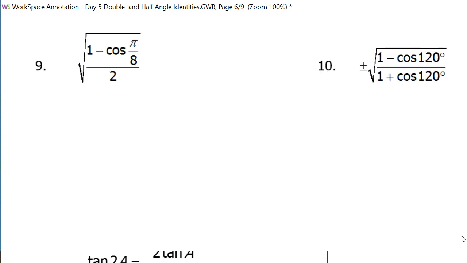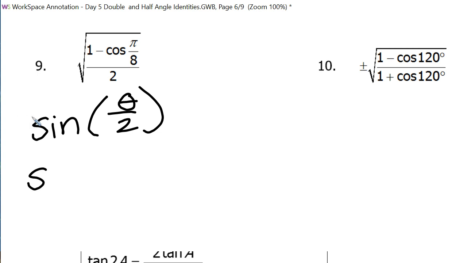Next one, we have 1 minus cosine pi over 8. Again, if you see a square root, it's going to be a half angle identity. And it's just a half angle identity for sine, cosine, or tangent. Sine, so this would be sine of half of theta. But they didn't use theta, what did they use?